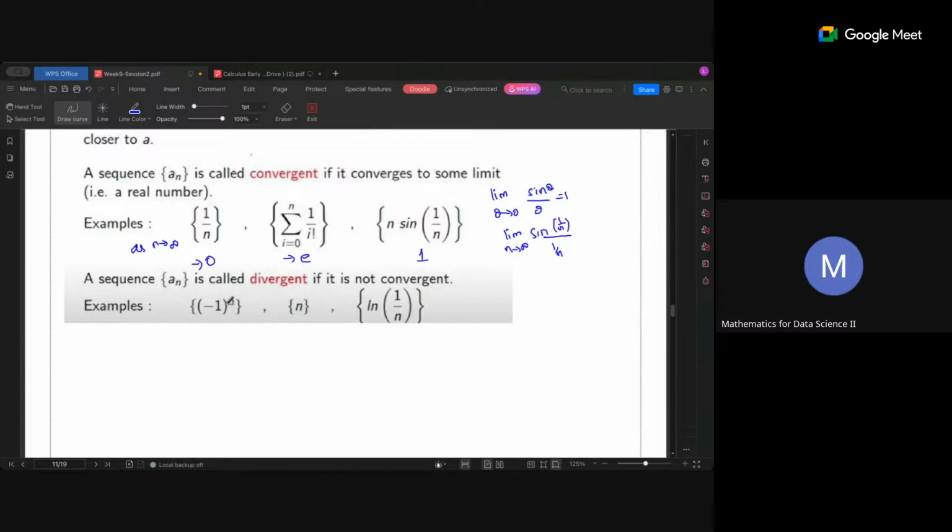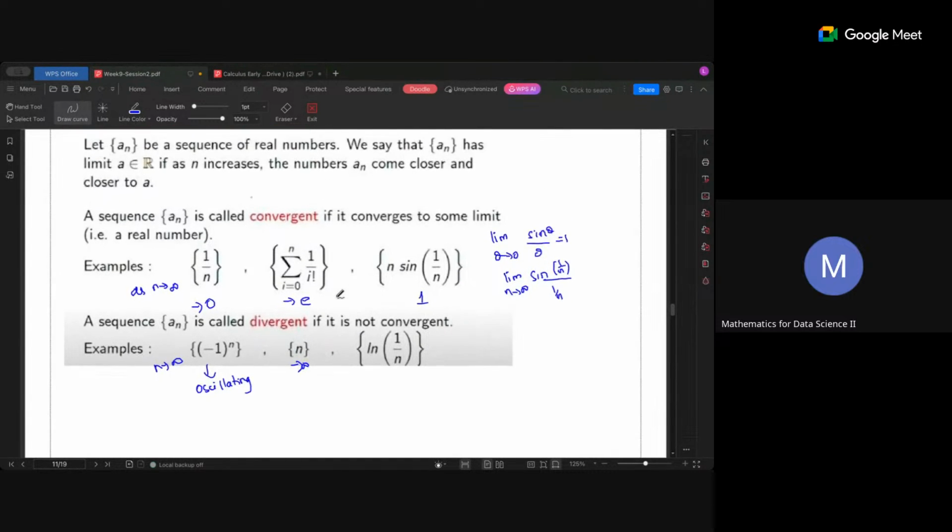So what about this? Is it convergent or divergent? Divergent, ma'am. It's actually oscillating. So as n goes to infinity, this is oscillating. This goes to infinity. Divergent. This is also going to infinity. So these are all divergent sequences. These are real sequences which you already know.